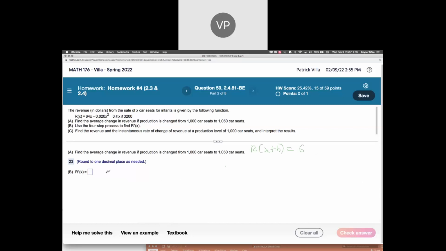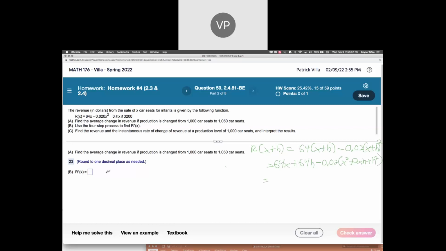So that's going to be 64 times x plus h minus 0.02 times x plus h squared. 64x plus 64h minus 0.02 times the old x squared plus 2xh plus h squared.